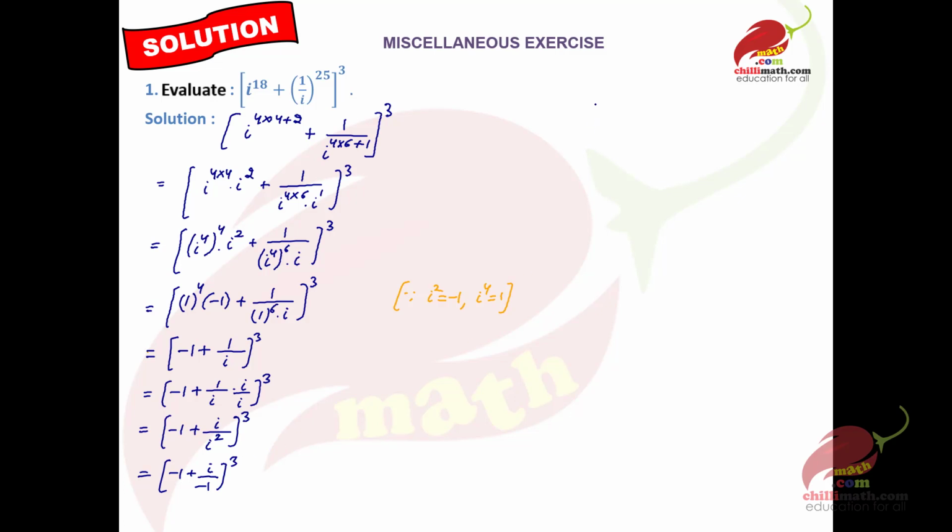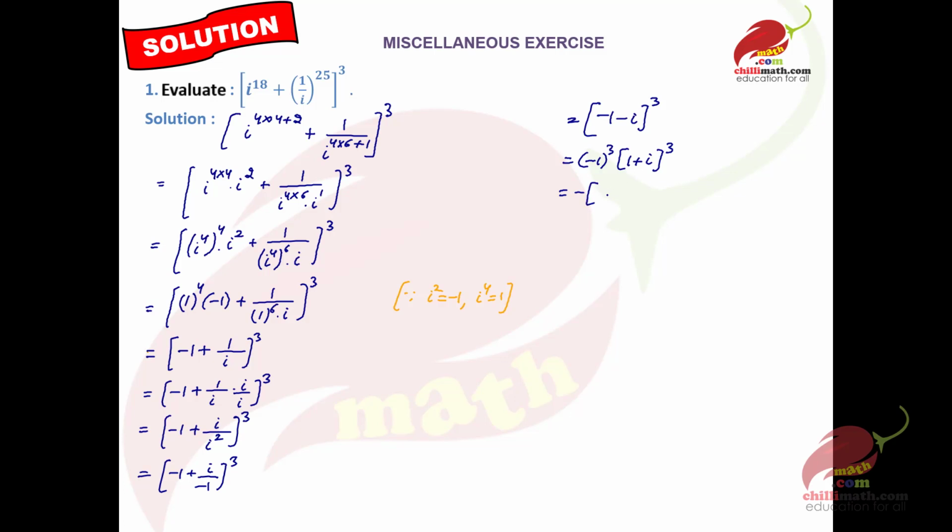This we can write as (minus 1 minus i) whole cube. We can take this minus common out of the bracket, so we'll come out with minus 1 cube and we are left with (1 plus i) inside this bracket and its cube. Minus 1 cube is minus 1, times (1 plus i) cube.